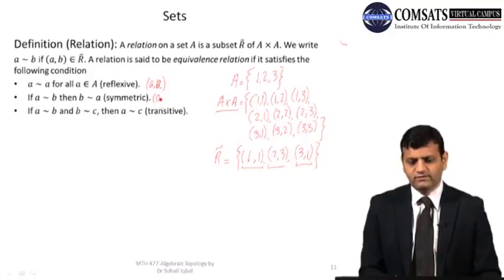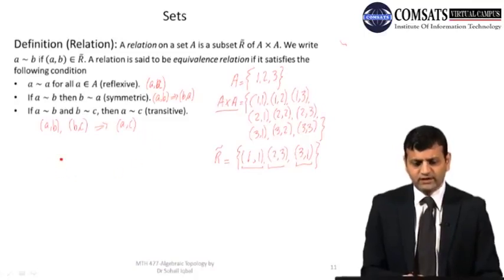In other words, if (a, b) belongs to the relation, then this implies (b, a) is also an element of the relation. Similarly, if (a, b) belongs to the relation and (b, c) belongs to the relation, then this implies (a, c) also belongs to the relation. So if a relation satisfies these properties, then this is an equivalence relation.